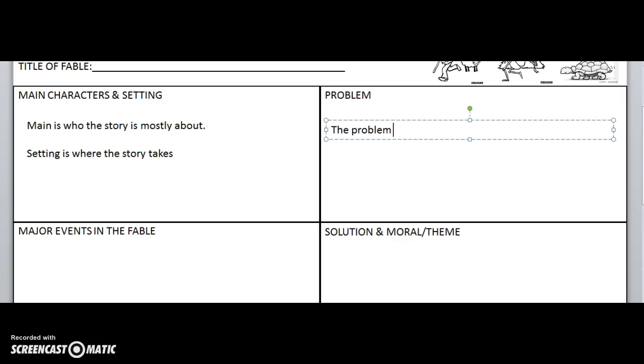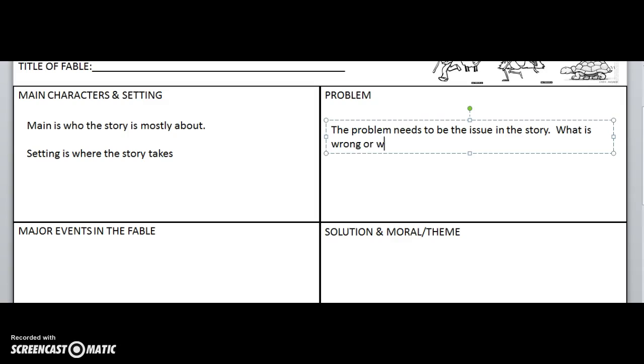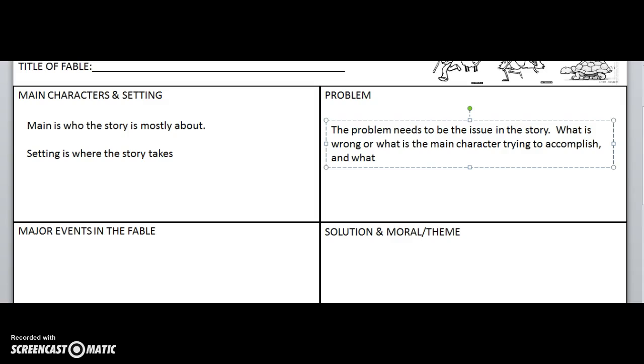So the problem needs to be the issue in the story. What is wrong? Or what is the main character trying to accomplish? Comma, and what stands in his or her way?